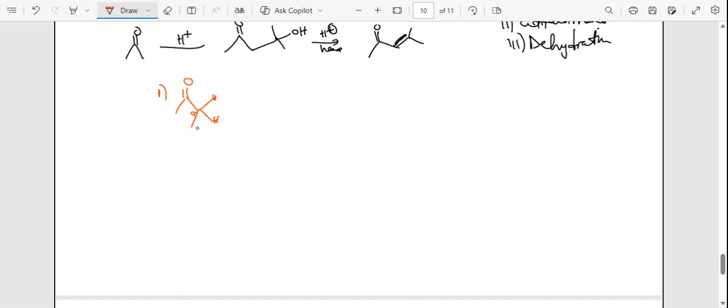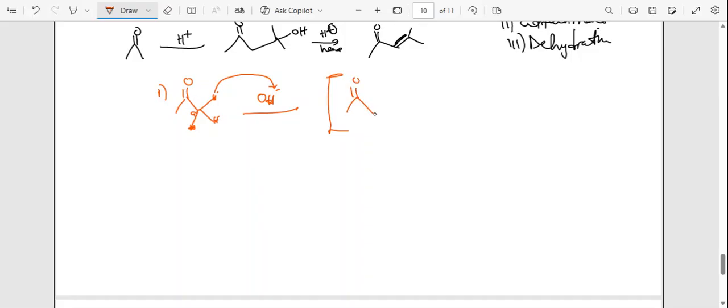So we perform some OH hydroxide there. We remove this hydrogen, which will go there to form water.